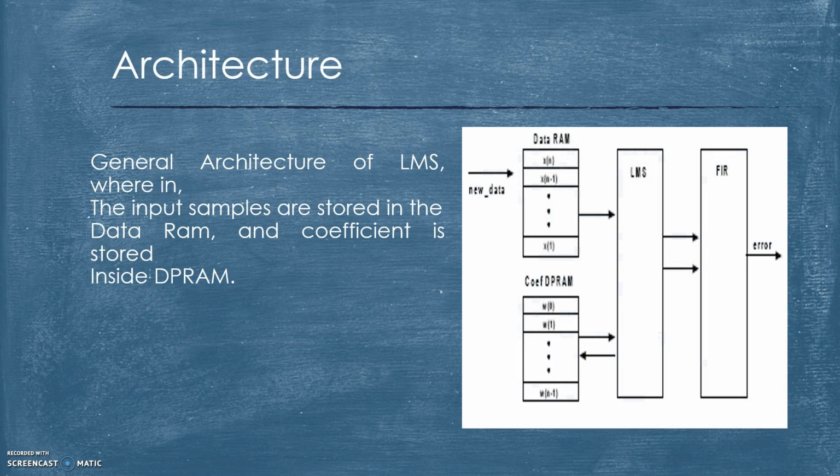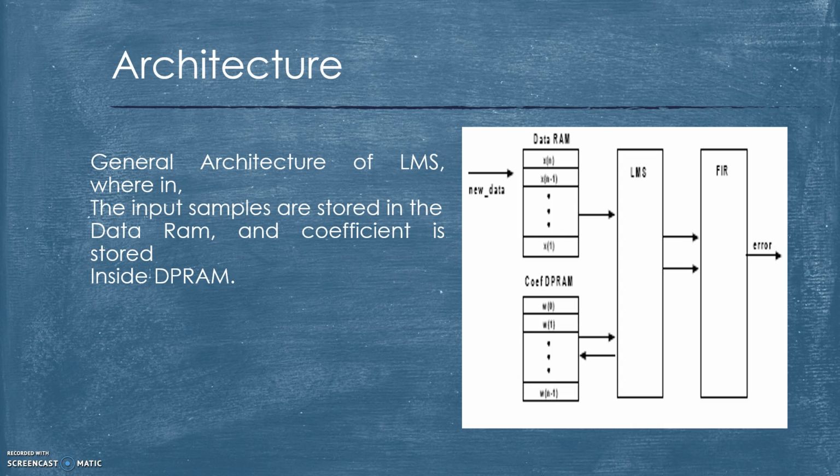So this is the basic architecture of LMS, where the RAMs are used to store the values of the coefficients. From the RAMs, we'll be taking those values and calling them to the LMS algorithm, where it will be computed and the difference will be found, and then it will be passed to an FIR where the filtration of the signals will take place.